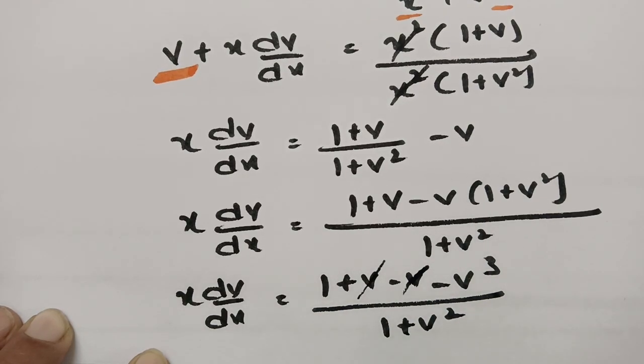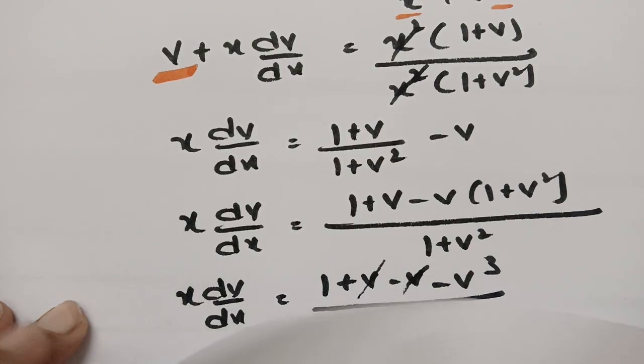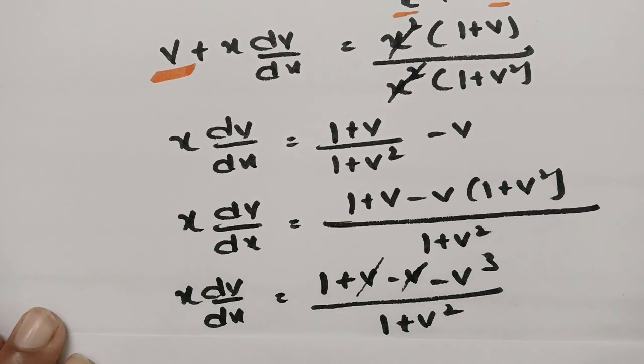If I cancel these, this is x into dv by dx is equal to 1 minus v cube by 1 plus v square.